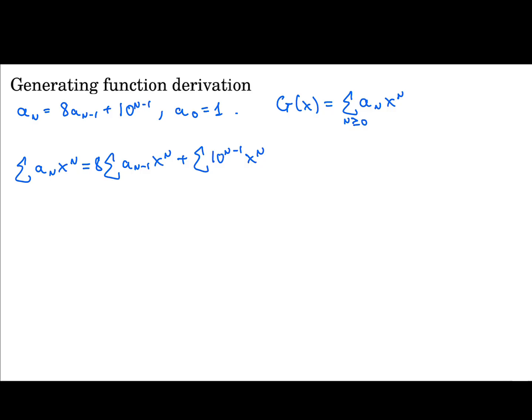And where do we start? Well, this equation here is valid for n larger or equal than 1, right? Because we have that n minus 1 there. So we are going to start at n larger or equal than 1.